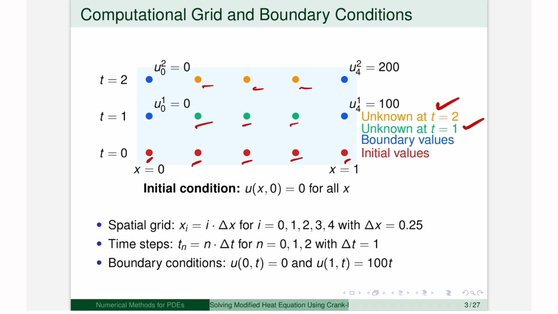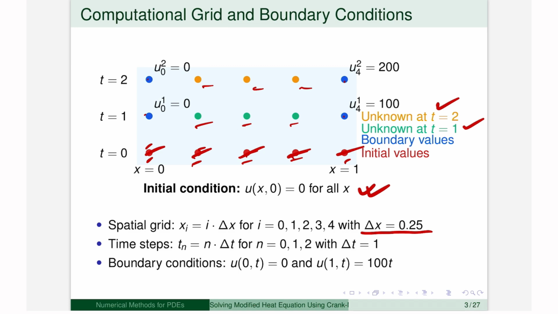The boundary values, these green ones, are given, and initial values are also given. The initial condition u(x, 0) is equal to 0 means all these values are 0. And the spatial grid xi is equal to i times del x, so i is equal to 0, 1, 2, 3 and 4, so del x is equal to 0.25.